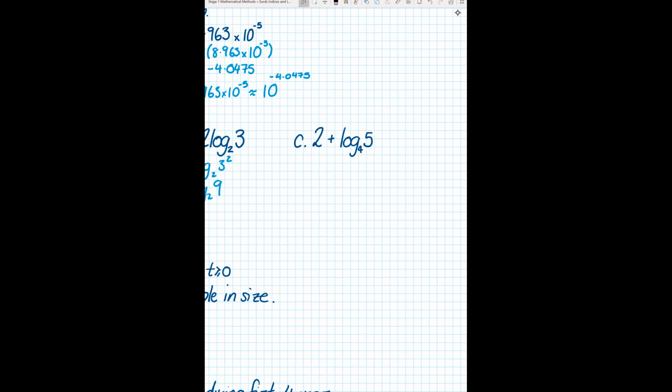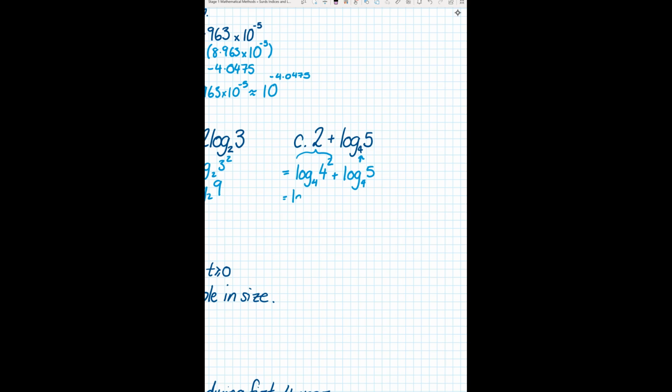Okay, with part C, we have to turn the 2 into a term where we have log base 4. So if our answer is 2, then that means the question was, what is the log base 4 of 4 to the power of 2? So this replaces that 2. So we can have both of our terms here written as log base 4.